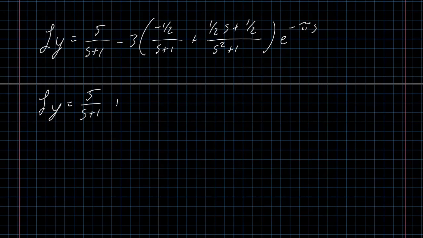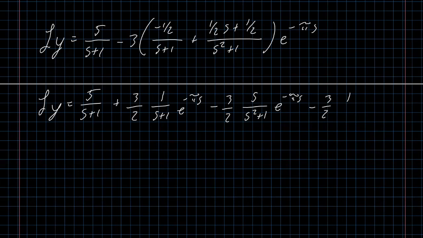We've got plus 3/2, 1 over s plus 1 e to the minus pi s. We've got minus 3/2 s over s squared plus 1 e to the minus pi s. We've got minus 3/2 1 over s squared plus 1 e to the minus pi s.